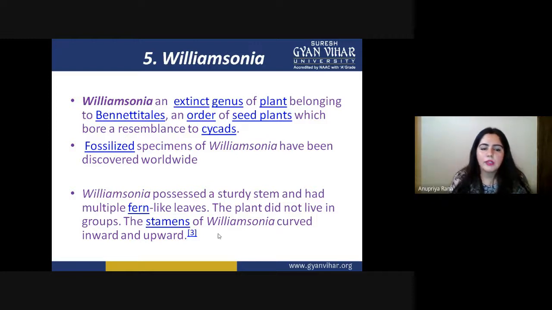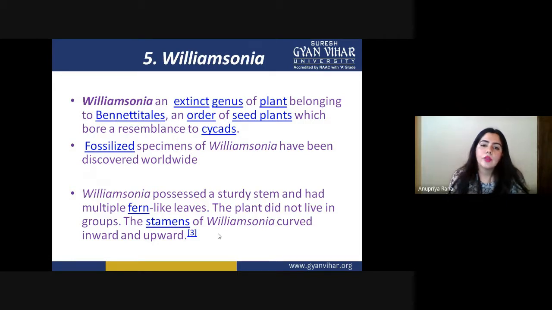If we see the Bennettitales resemblance, they mostly have characteristics which are present in the cycads. And cycads are also of very ancient origin. Cycad plants are not of new origin; they have a very ancient history. They are old plants to be counted and present in today's world.